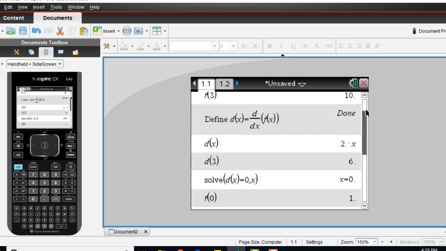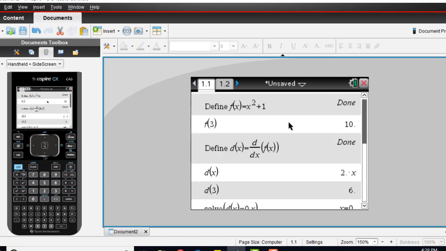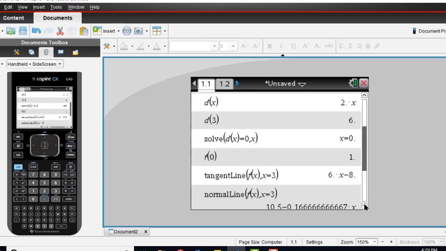Okay, so let's just review. You can define your functions, and then you can plug in values, define y values. You can define the derivative, and then find the gradient at any single point. That would also be called the instantaneous rate of change at a point, or the gradient of the tangent line. You can solve for stationary points.